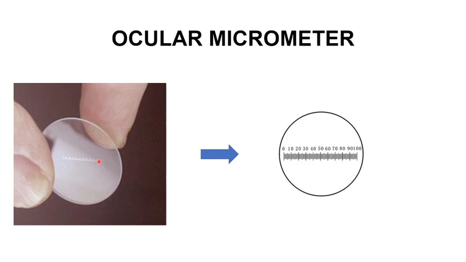This is the ocular micrometer, and in the eyepiece of the microscope, you can observe this ocular micrometer as shown in this diagram. You can observe that near about 100 divisions are present on this ocular micrometer, and almost 101 lines are present.